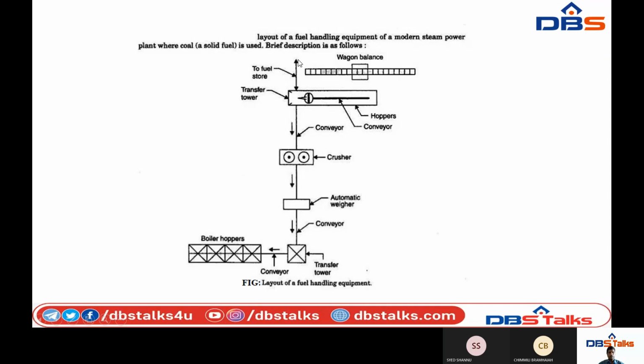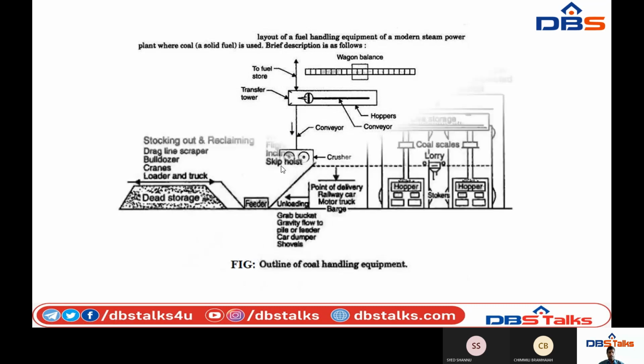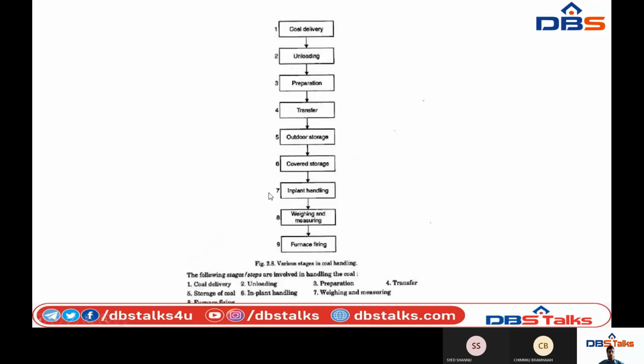In this also, we are collecting the fuel, that means coal, oil, gas, from fuel storage. Then the fuel is supplied to the crusher. In this coal handling equipment also, preparation is nothing but crushing the coal pieces.